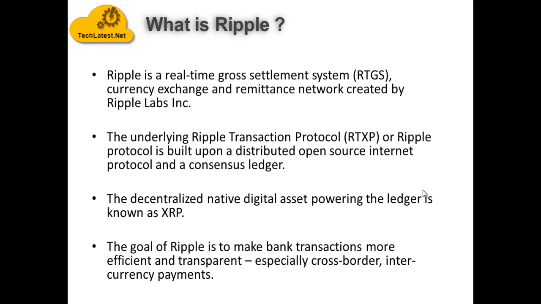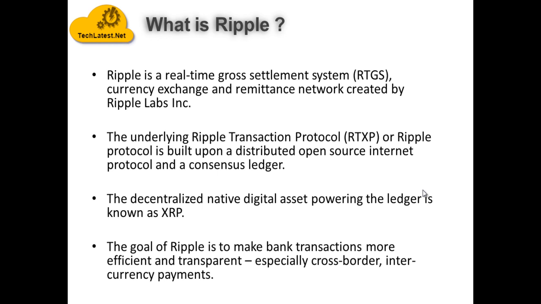As I said, the main objective of Ripple is to provide banking transactions, and it wants to solve the problem of having a lot of delays when it comes to sending and receiving money.